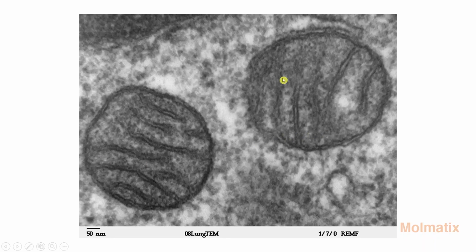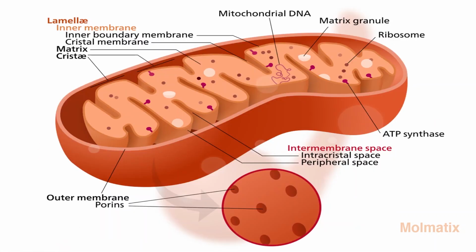This is the mitochondria under a microscope. To understand the structure of mitochondria, we will discuss this diagram. This is the outer mitochondrial membrane. This is the inner mitochondrial membrane.